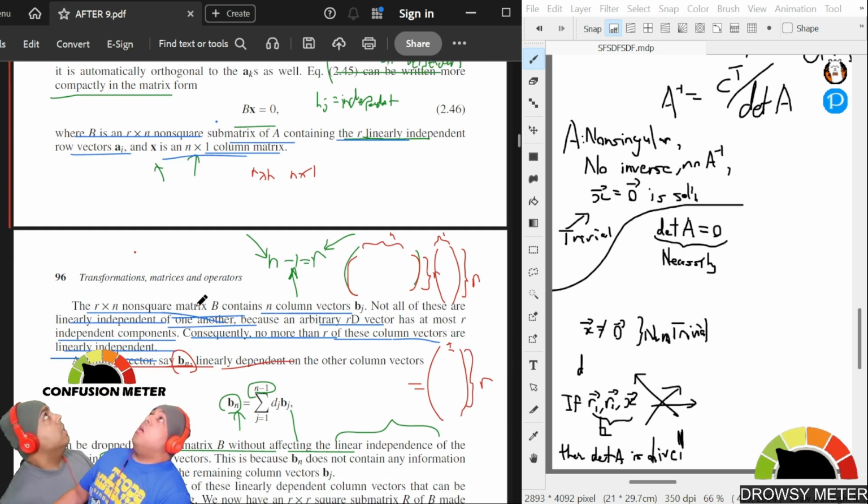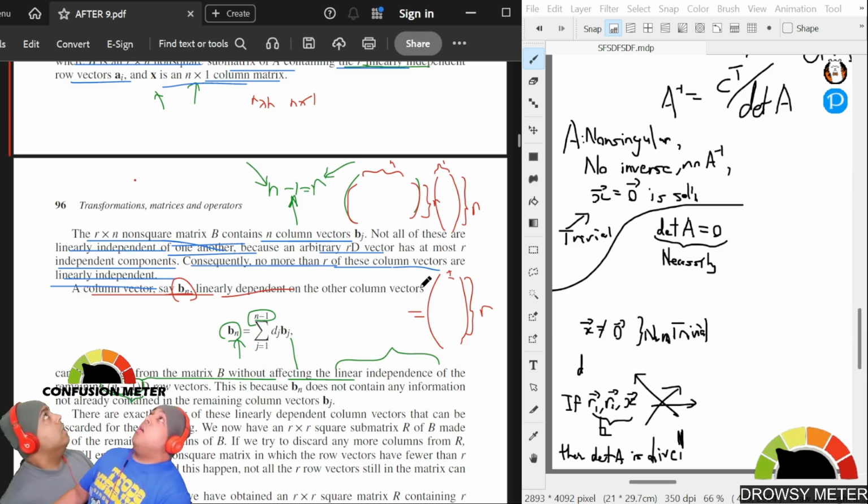The r times n non-square matrix contains n column vectors bj. Not all of these are independent, because an arbitrary r-dimensional vector has at most r independent vectors. No more than r of these column vectors are linearly independent. So B is made out of these guys.